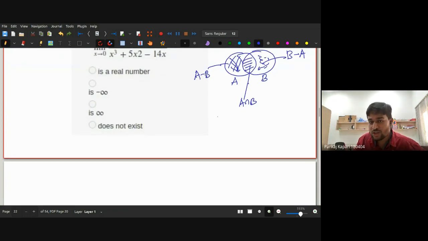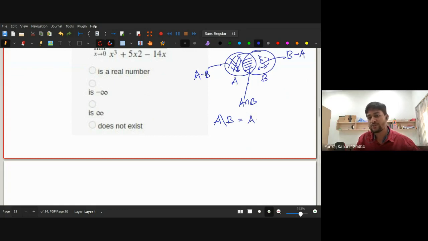Instead of minus, because the minus symbol we usually write for numbers when subtracting, some people don't like to put minus between sets, and for sets they write this symbol, this backslash, for removing a part of b from a. This is just removing a intersection b from a.